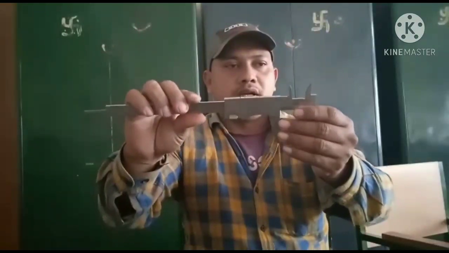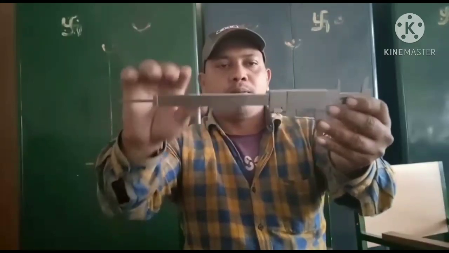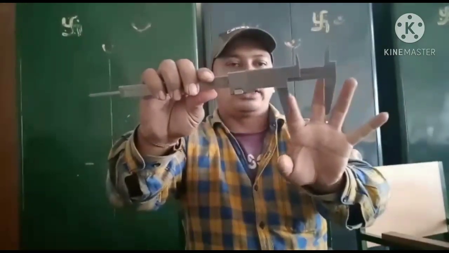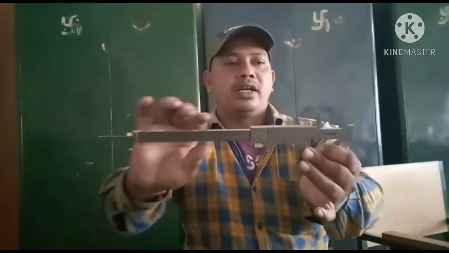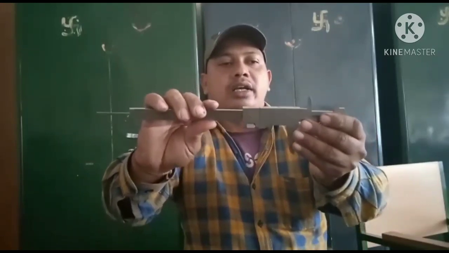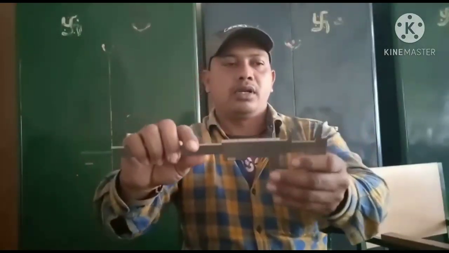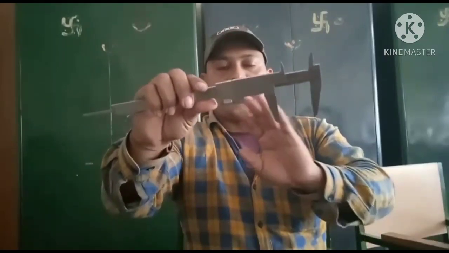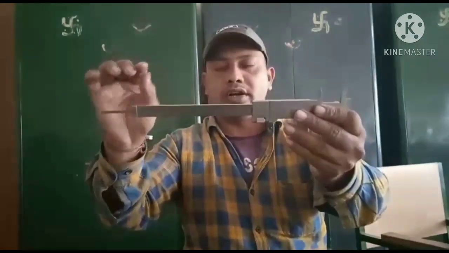Second one is vernier caliper. It is a precision instrument which is used to measure inside, outside and depth measurements. It is made of Invar steel. Its least count is 0.02 mm and ranges are 150, 300 and 600 mm.